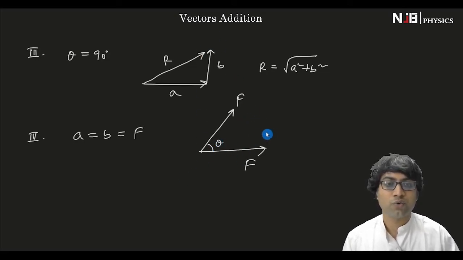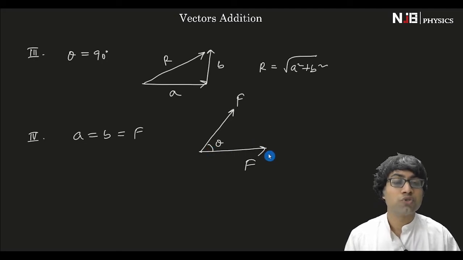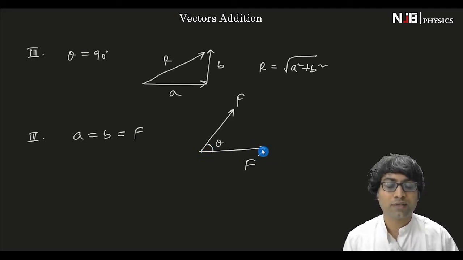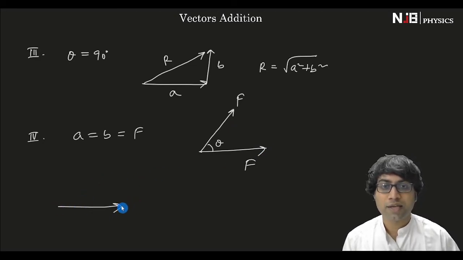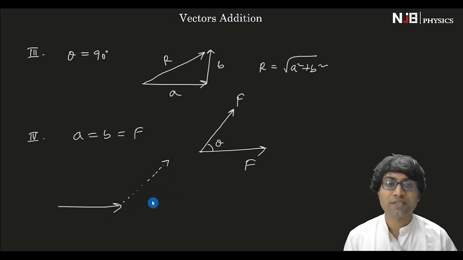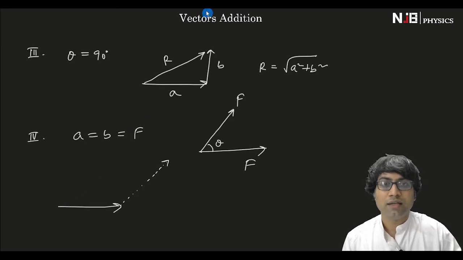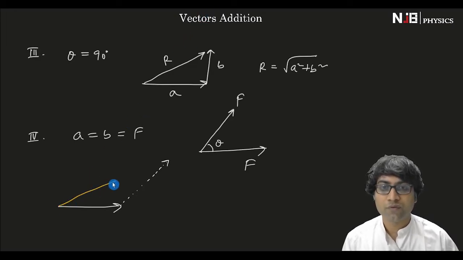Well, for the resultant, you know that you have to use the triangle law of vector addition, and for that the second vector should start from where the first vector has ended. So if this is your first vector, the second vector should start from here. This is your second vector. Both of them have the same magnitude. Then the resultant will be from the tail of the first vector to the head of the second vector.